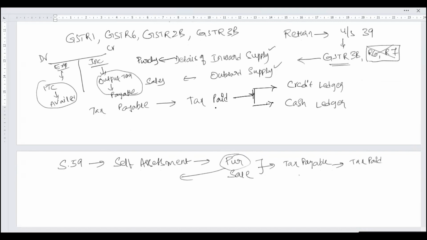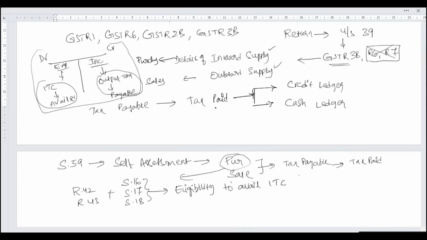In purchases, you have Section 16, Section 17, Section 18. All these provisions talk about, in addition to this, you have Rule 42, Rule 43, which talk about your eligibility to avail input tax credit. So please keep in mind, the GST law is expecting that, look, you do your accounting, you do your monthly accounting. When you do your accounting, what all purchases you have?